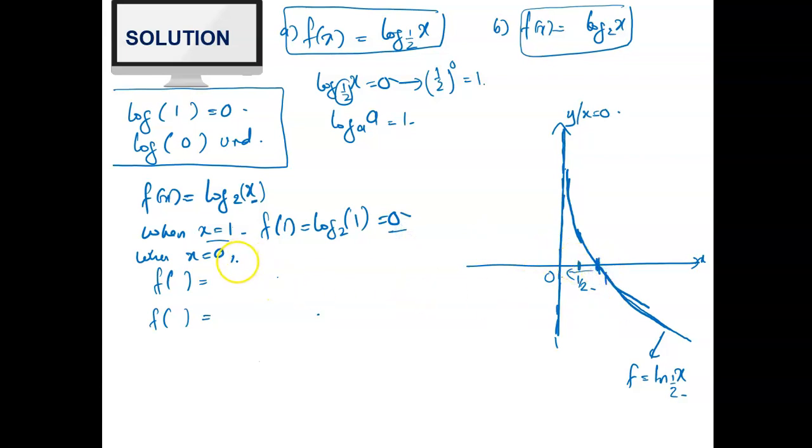And then when x equals 0, the whole function is undefined. So the y-axis again becomes the vertical asymptote of this graph.